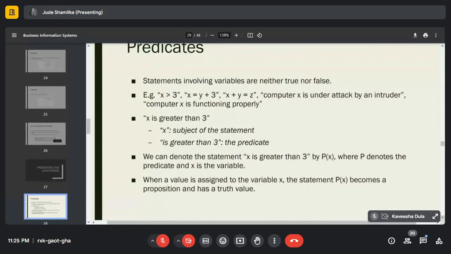In order to show that, we use a predicate. Predicate means simply, if we are referring to a variable, and that variable has this kind of attribute, this kind of quality, we want to talk about that. That is why we use these predicates.